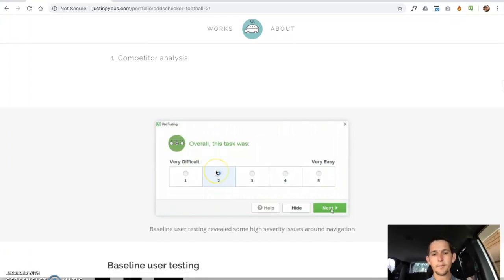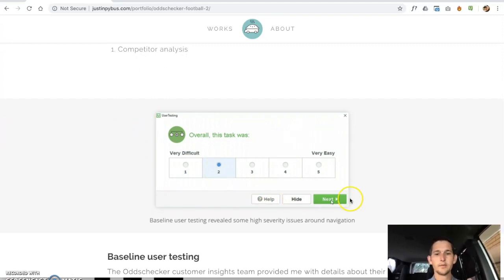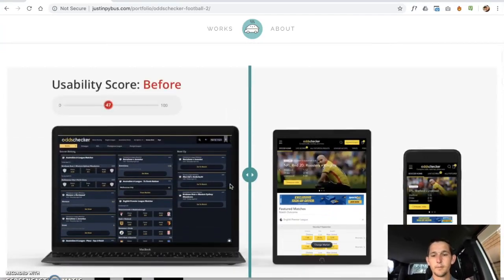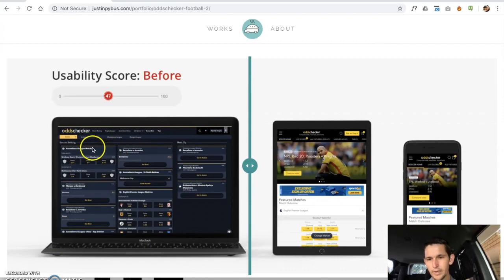But really, what we learned from the first round of user testing was that a lot of users found the tasks very difficult because the navigation on the existing website didn't match what users expected.